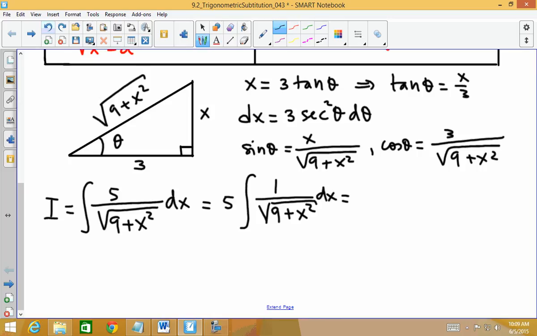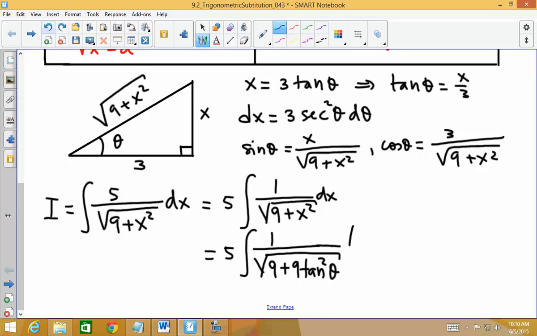Now, what is x again? We do the substitution at this point. So I equals 5 times the integral of 1 over the square root of 9 plus x, where x is 3 tangent theta. So you square it, you get 9 tangent squared theta, and the dx we found to be 3 secant squared theta d theta.